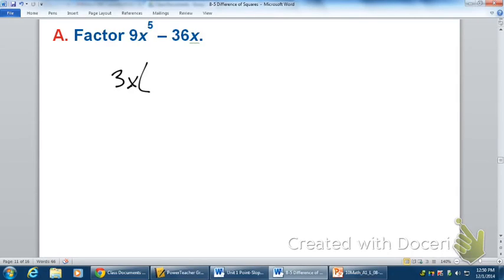Okay, so 9x is our greatest common factor, guys. So what's going to be left? Well, I'm going to have x to the fourth minus 4.